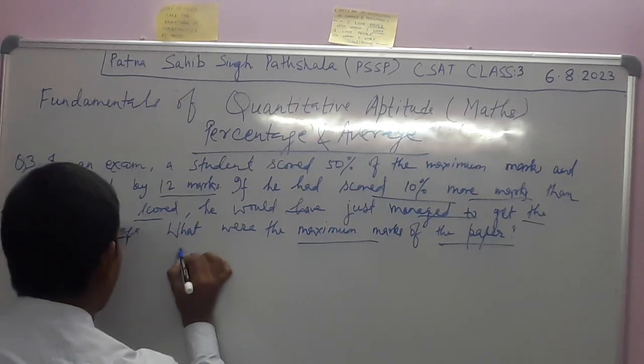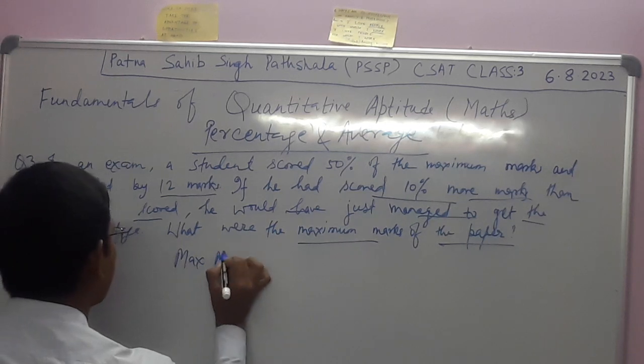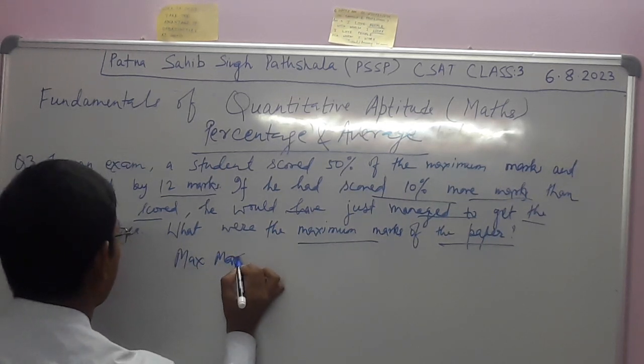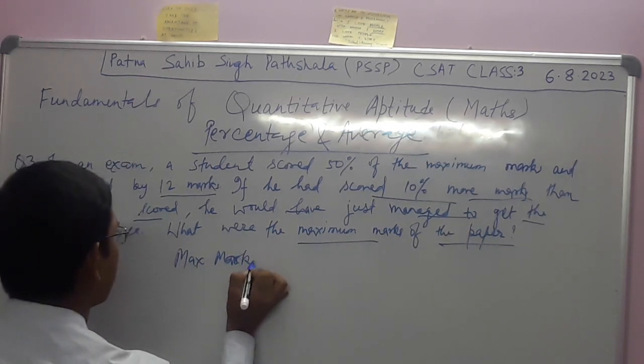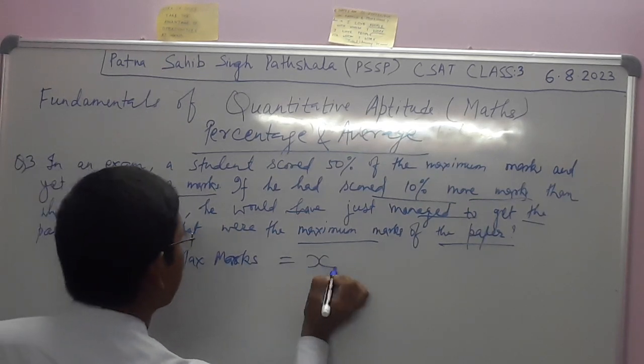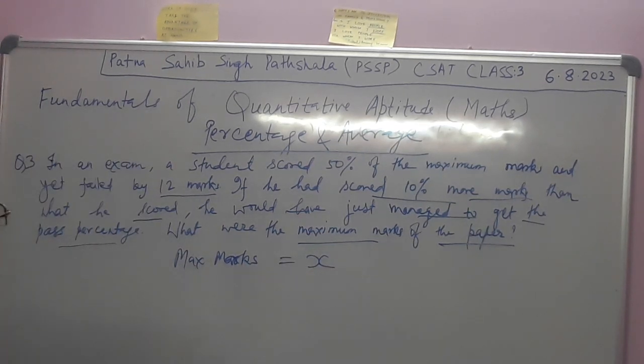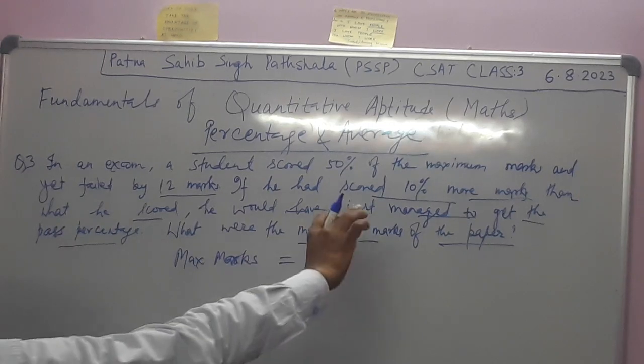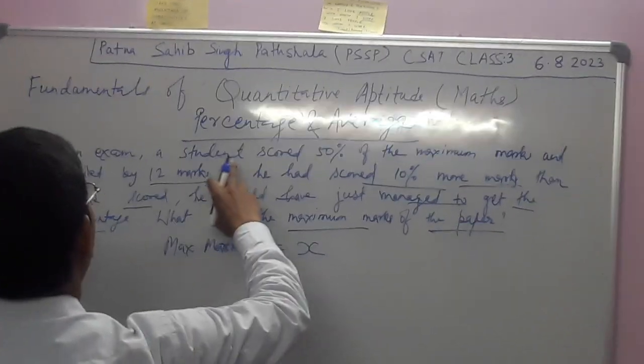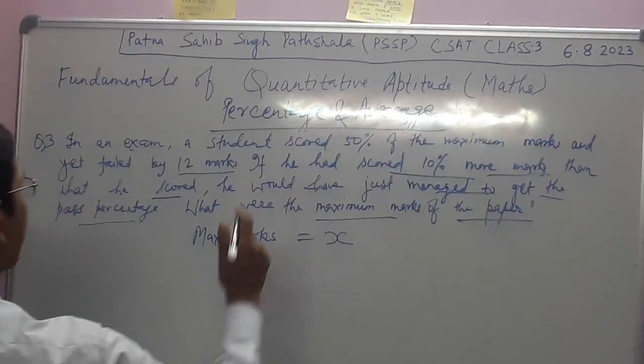So suppose the maximum marks was X. So how much has he scored? What can be the pass percentage?